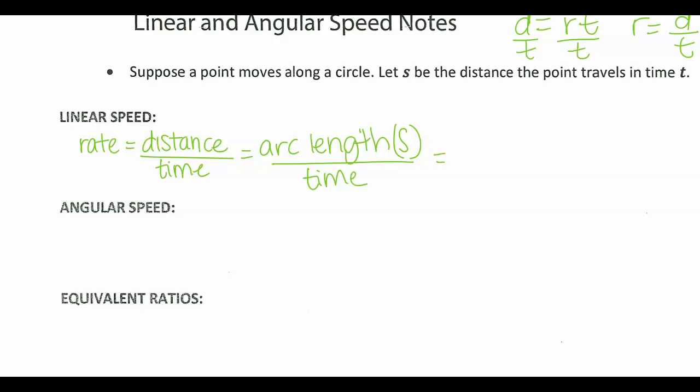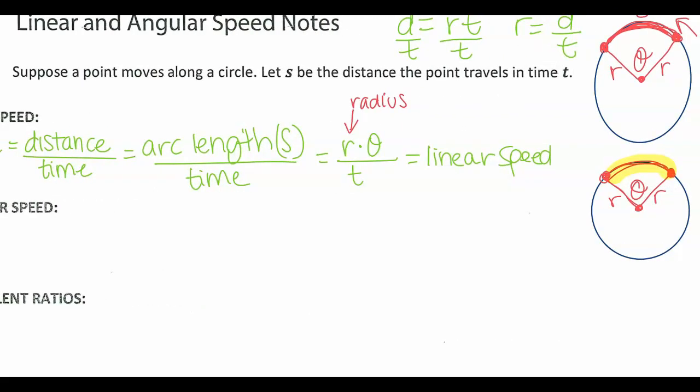The arc length is calculated by the radius times theta, all over the time. And this is the radius. I don't want you to forget that's your radius because it's coming from that arc length formula, which is S. And we're going to set that equal to the linear speed, which I'm going to denote by the letter V.